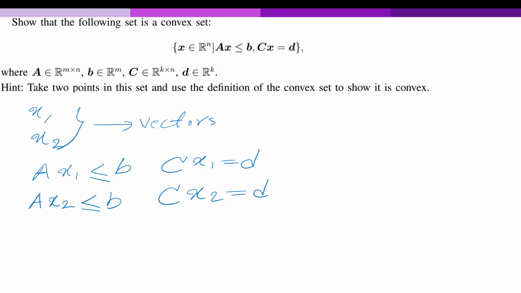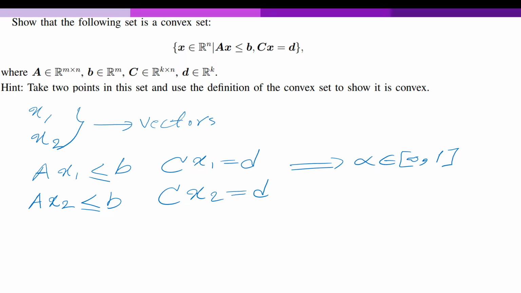Now we're going to consider a scalar alpha in the interval 0 to 1. So we need to show that both this inequality and this equality satisfy the convex definition.